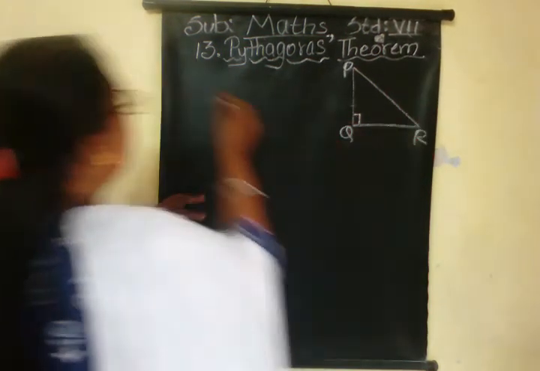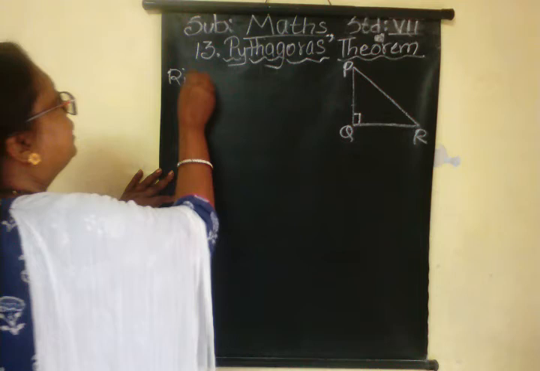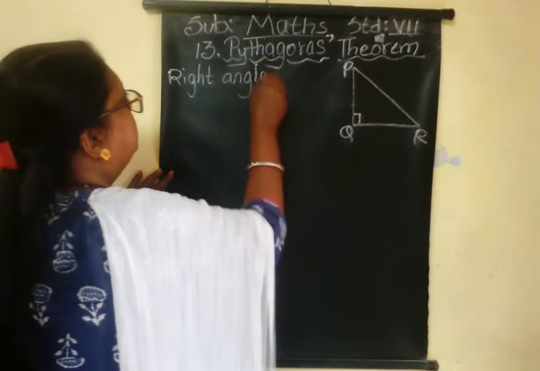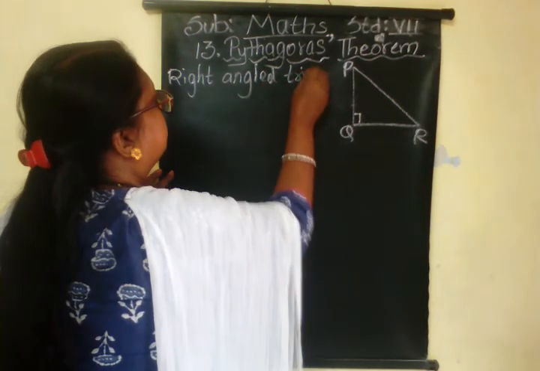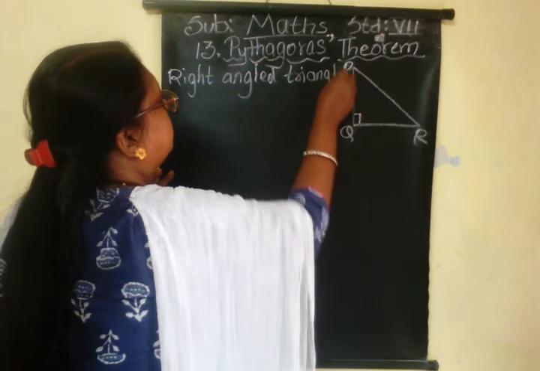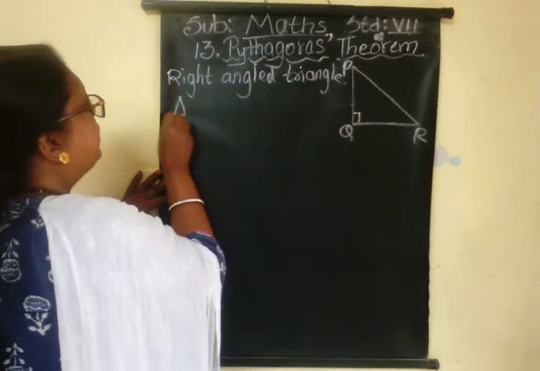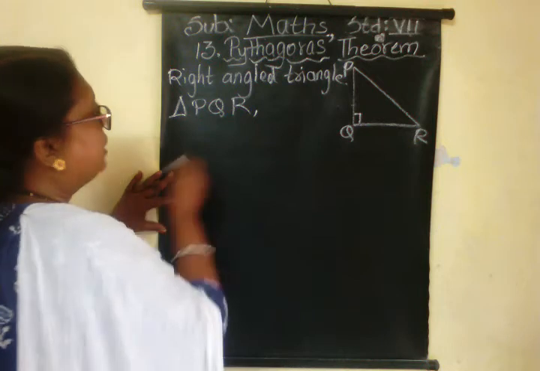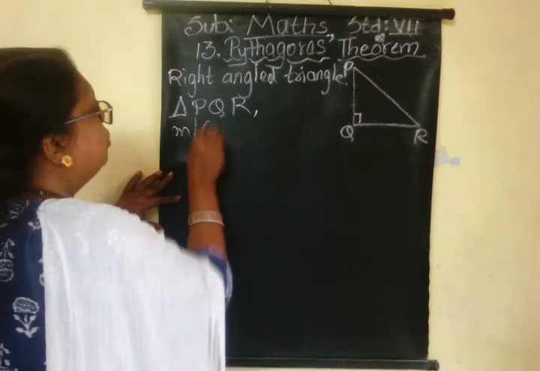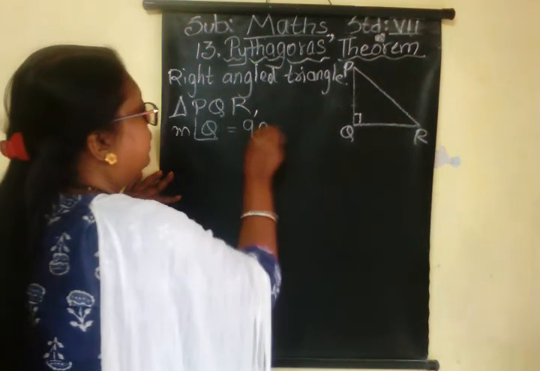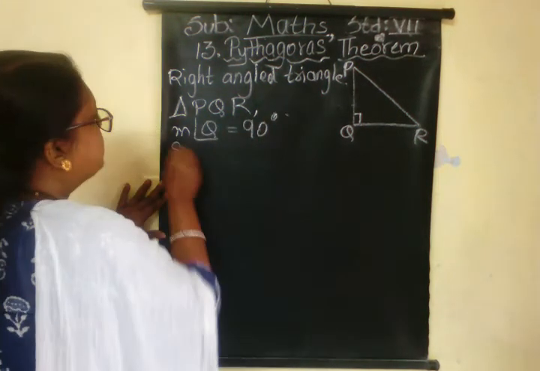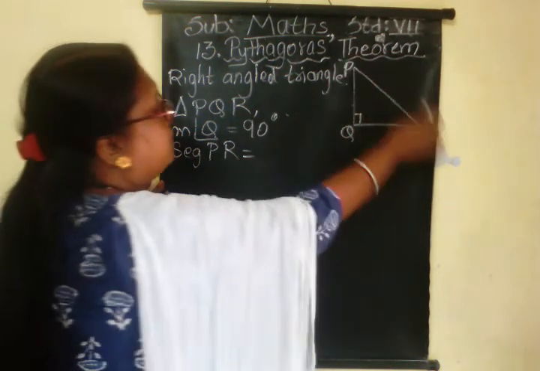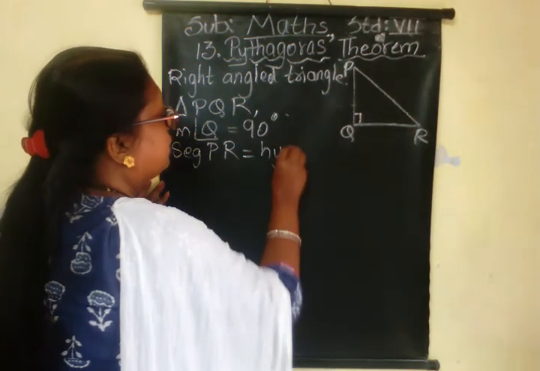So I am having right angled triangle. The name of my triangle is PQR. In this triangle, measure angle Q equals 90 degrees, right? Then segment PR becomes hypotenuse.